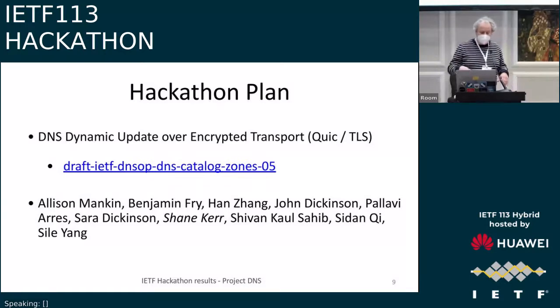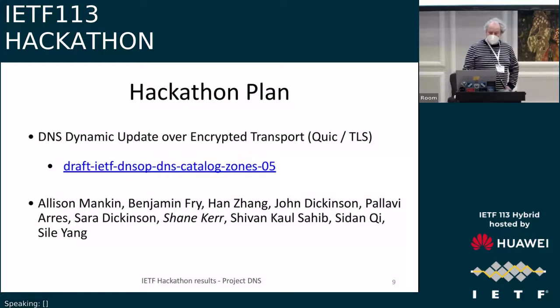I can tell about it. So queries can go now over encrypted transport, and recently also zone transfers over TLS in DNS. And this is an ID to also do dynamic updates over encrypted transports. And there's a server implementation for this now and several client implementations.